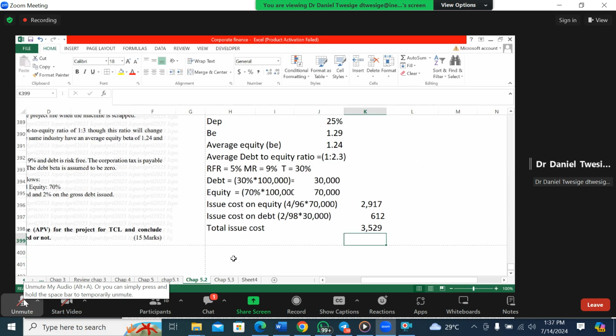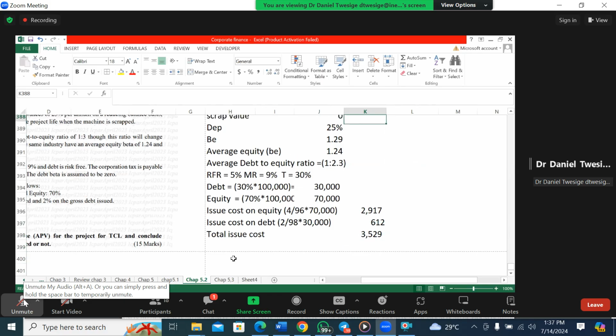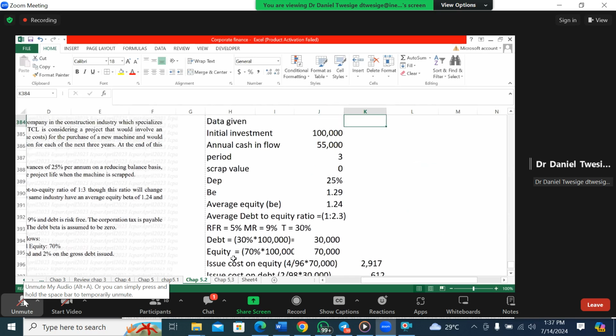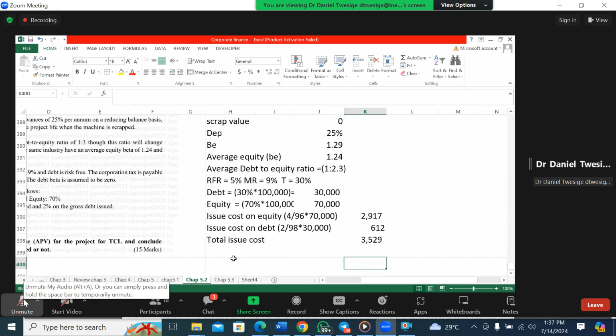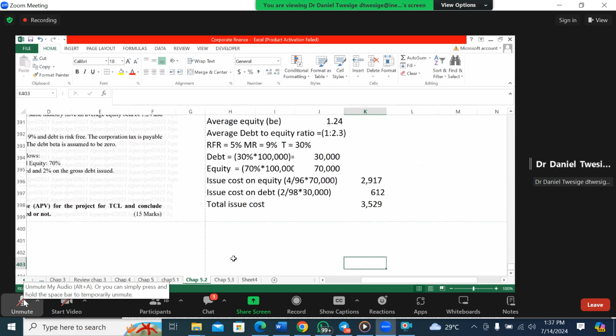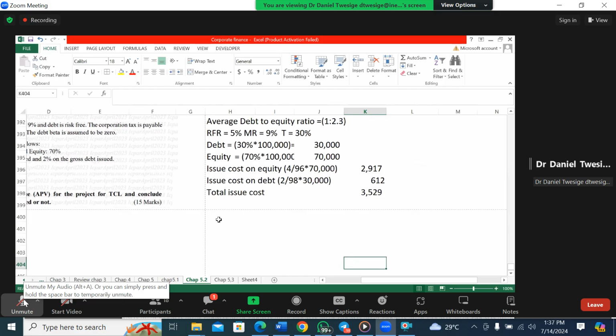You're going to get that value of an ungeared business by discounting your cash flows using the cost of an ungeared business. So based on the data we have, automatically this tells us that we're going to use the capital asset pricing model, because we have a risk-free rate, we have a beta, we have a market return. Automatically that tells you you're going to get the cost of the ungeared business.